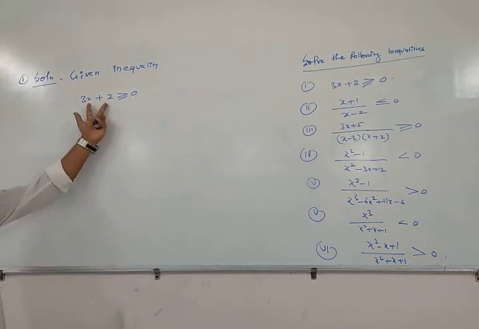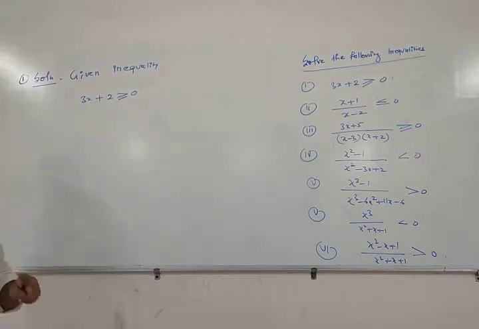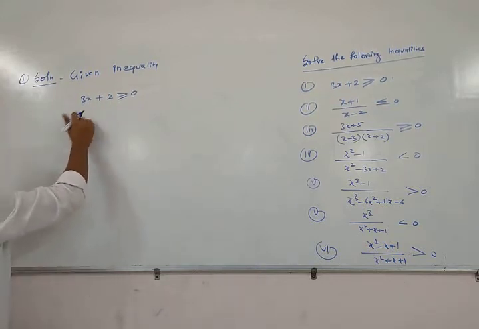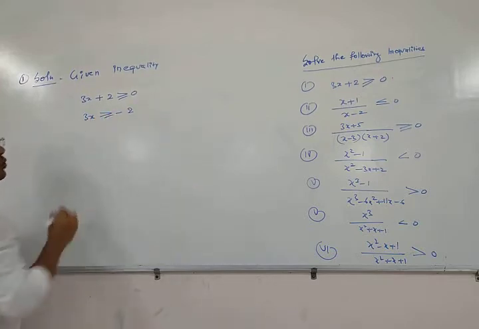Here you see this is a linear expression, so there is no need for the sign scheme of rational expression. We can easily find its solution. Here you can see 3x greater than or equal to minus 2.